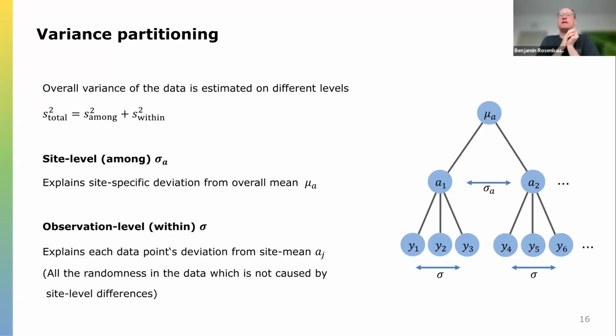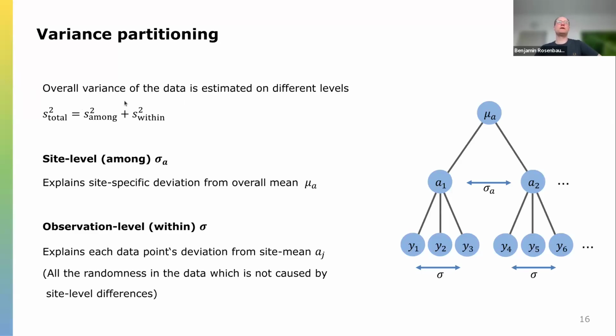So these random effects, or the standard deviation of the random effects, and also the residuals of the model, partition the variance into 2 different levels or 2 different hierarchies. Right? And this is also why we call it a hierarchical model.